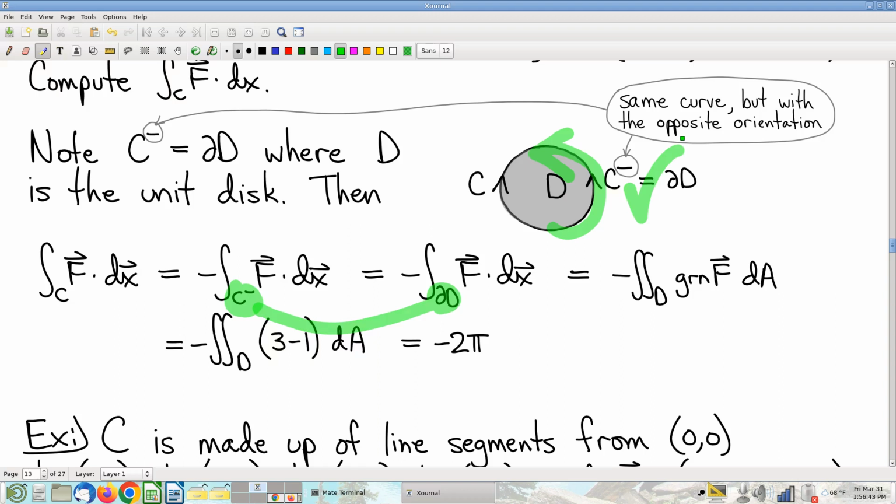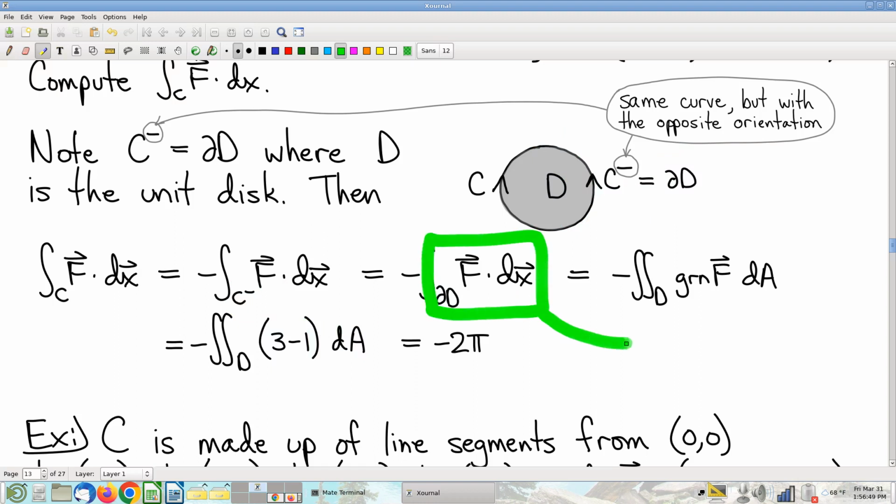And once I have that noted, here's where I can state and apply Green's theorem right there. I've literally worked up my answer to be in terms of a boundary circulation, a double integral of Green's operator over the interior.